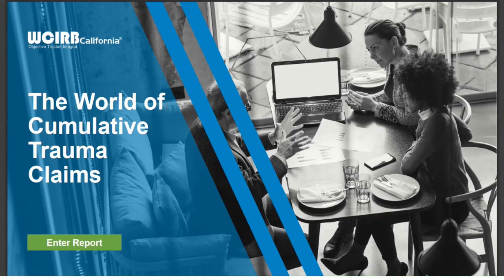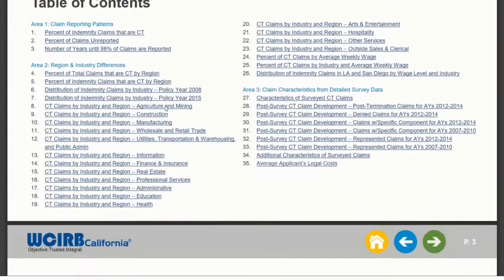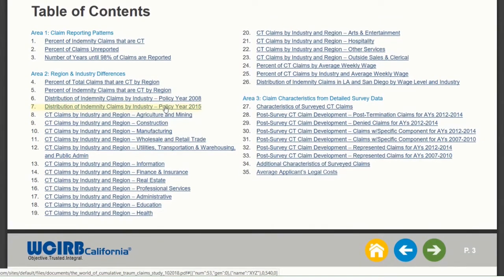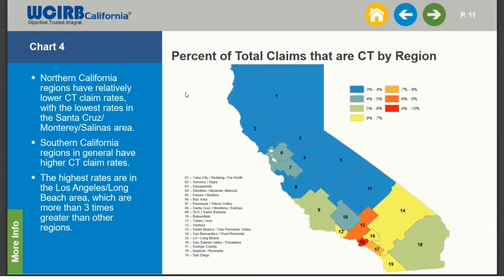And I want to share with you a couple of things from this report that are important for us as qualified medical evaluators to know. The first has to do with the percent of total industrial injury claims that are cumulative trauma injury claims by region throughout the state of California. So let's go to that chart here.